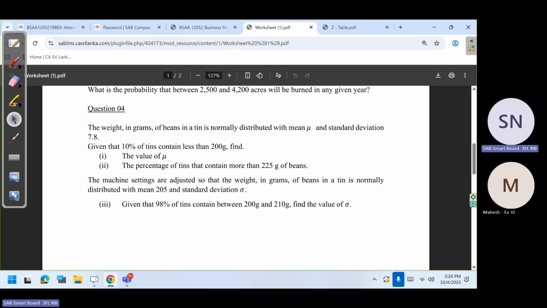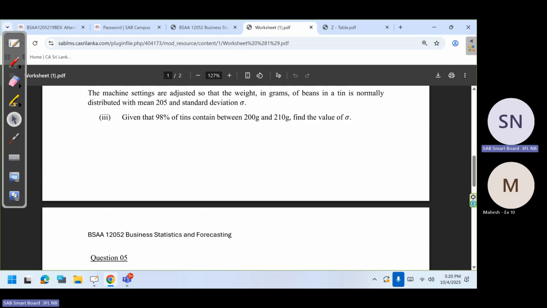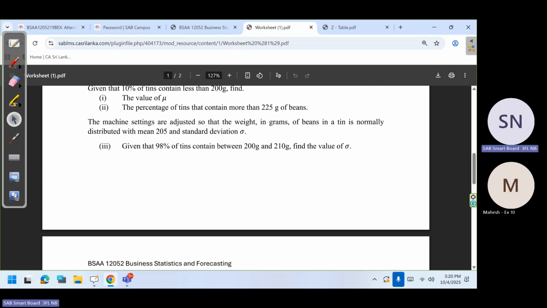Standard deviation is also changed, but the question is not given the standard deviation value. It's clear? Then question says, given that 98% of things contain between 200 and 210, find the value of sigma.